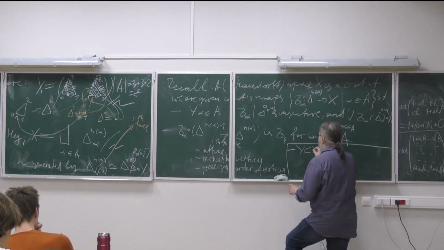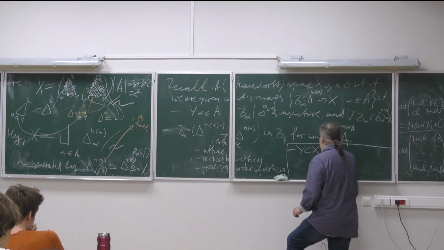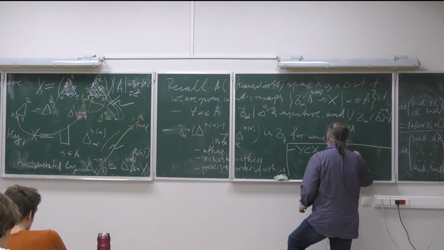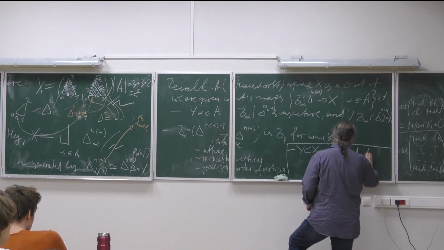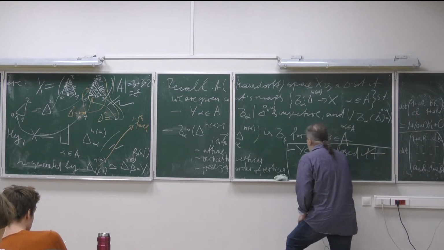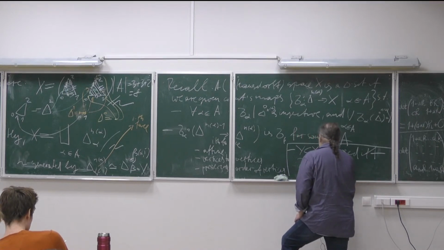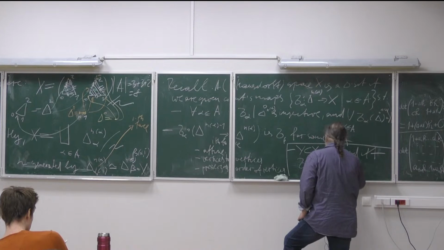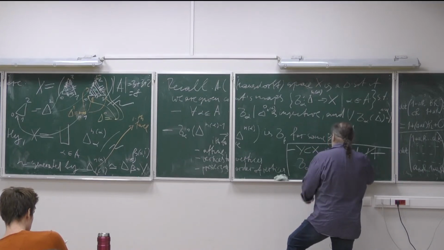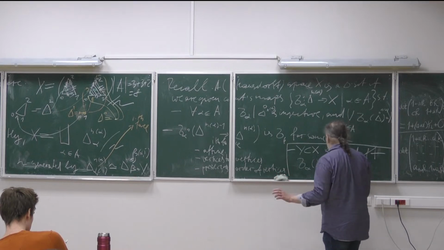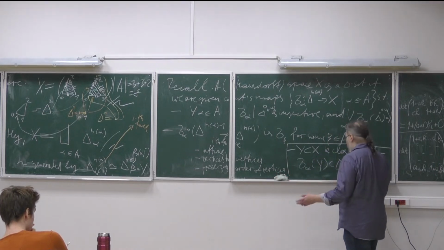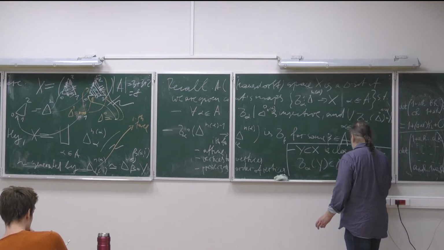We require that a subset Y of X is closed if and only if sigma alpha inverse of Y inside delta n of alpha, just because this is the standard simplex, is closed.